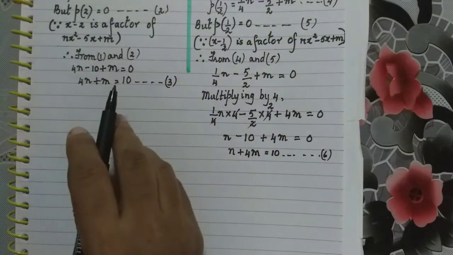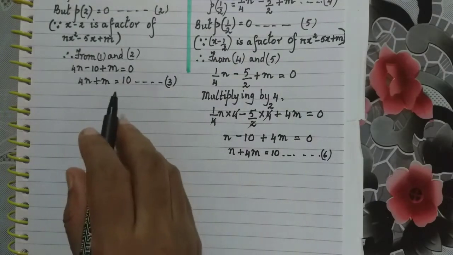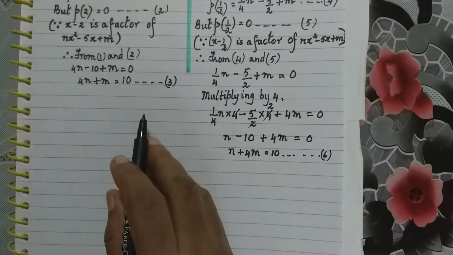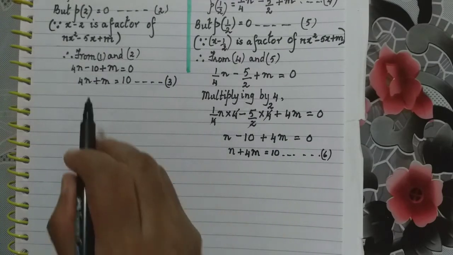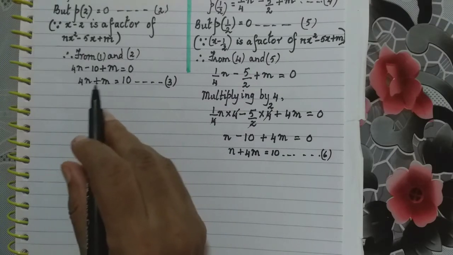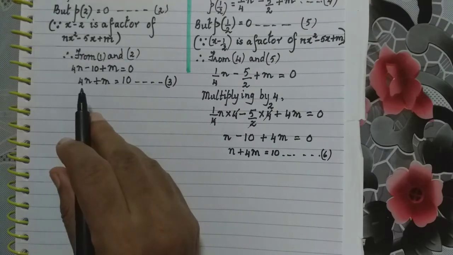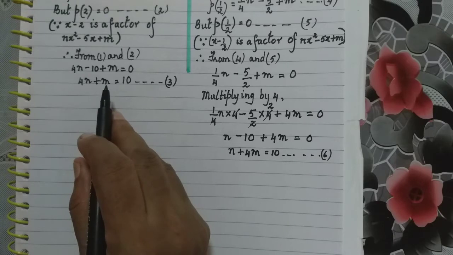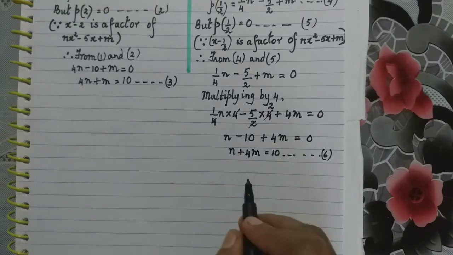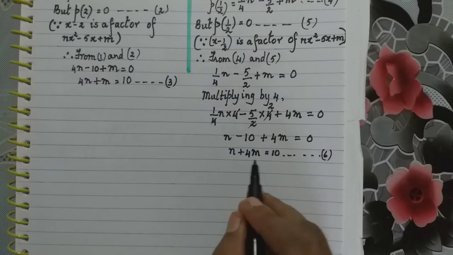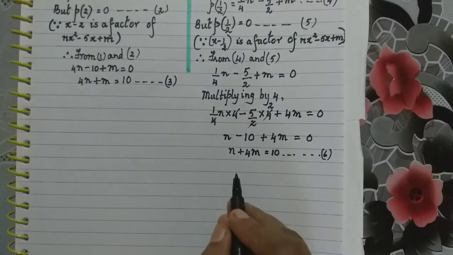Now, how can we get the values of n and m? Because we have to prove that n equal to m equal to 2. Now, if you look at the coefficients of n and m here, n coefficient is 4, m coefficient is 1. So, 4 and 1. Here, the coefficients of n and m are 1 and 4.